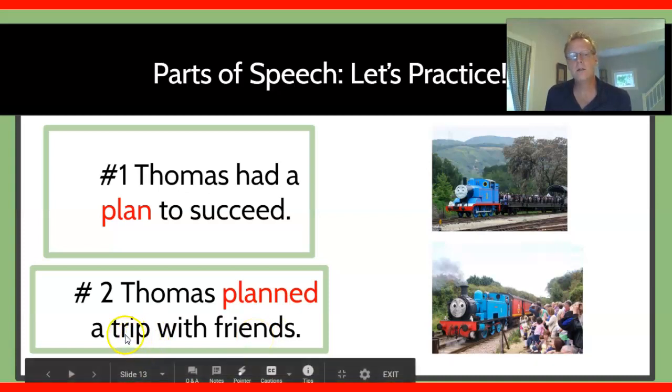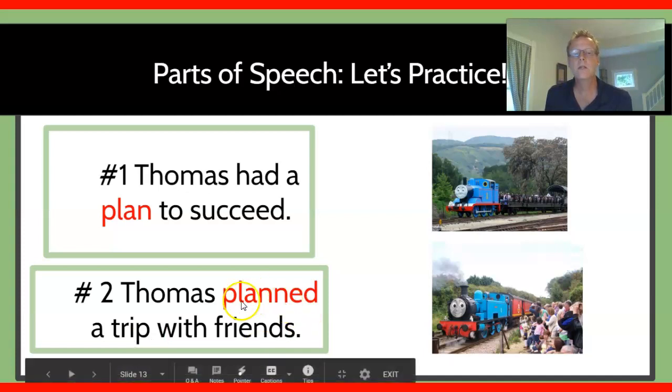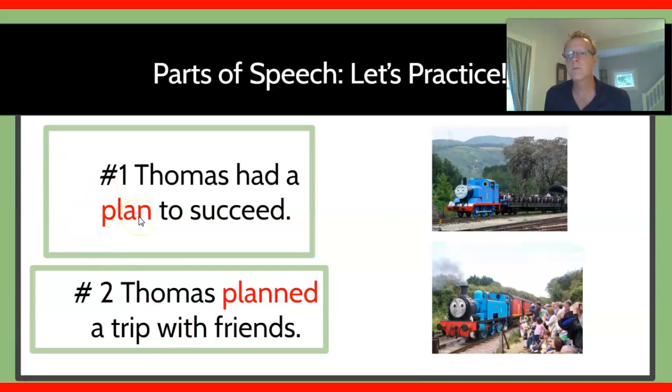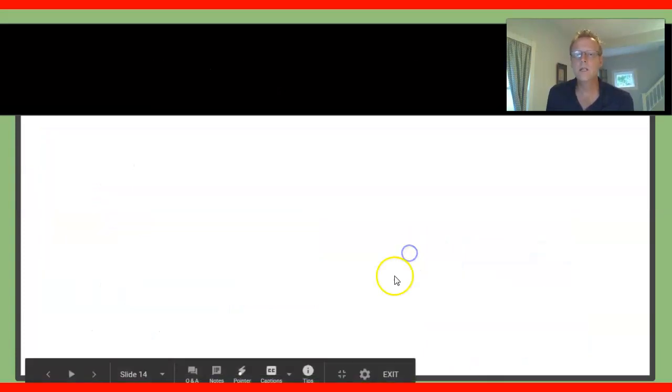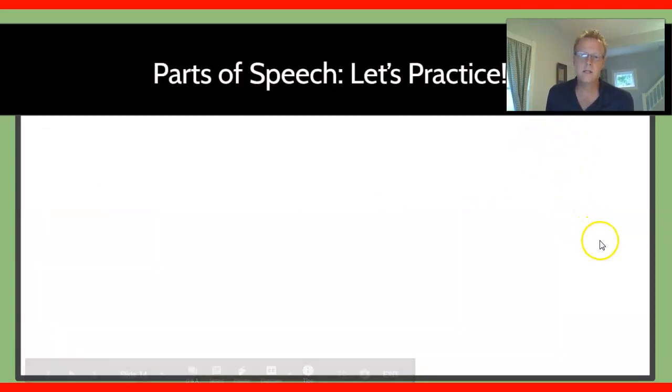A trip is the object of this sentence. It's also a noun. So here, planned is a verb. Here, plan is a noun. All right, cool beans. Let's go to one more practice sentence.